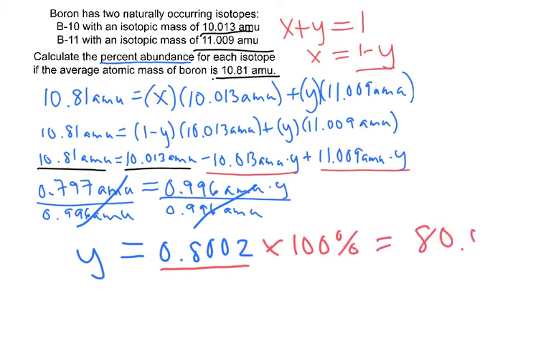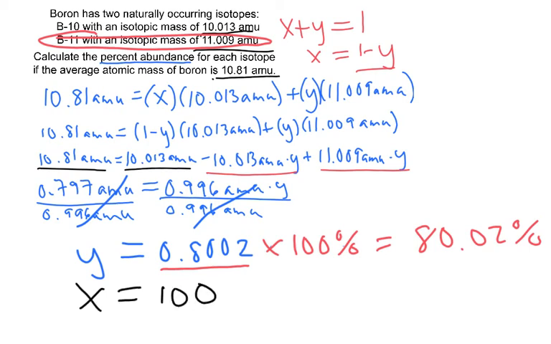So we have 80.02%. Okay, so that is the contribution of boron 11. And so we need to think about the contribution of boron 10 now. So for boron 10 is X. That was what we let that variable be. And so in order to solve for X, we can just say 100% minus 80.02%.